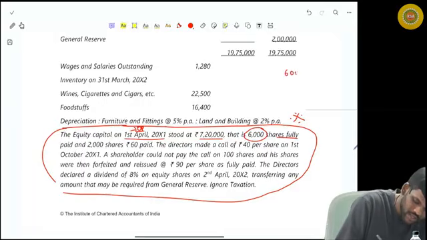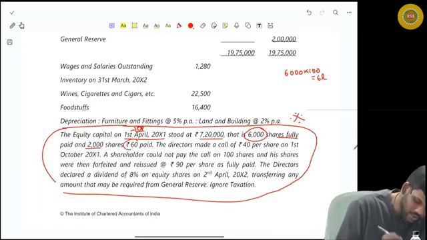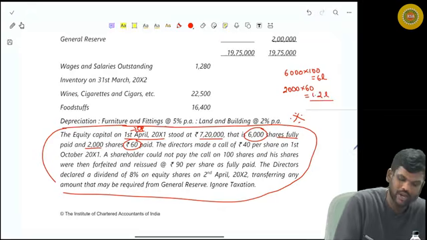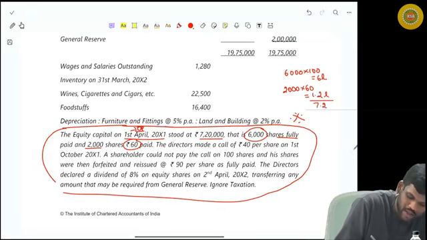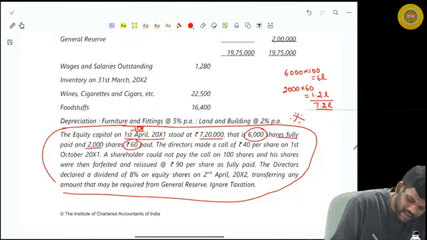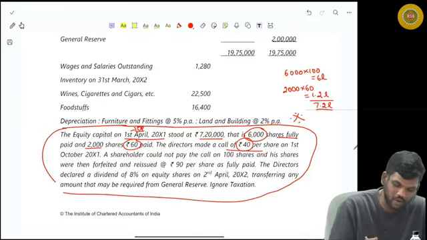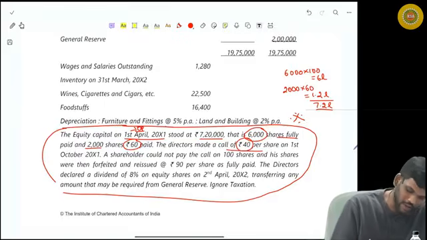So 6,000 shares into 100, 6 lakhs, and 2,000 shares of 60 paid up. 2,000 into 60, 1.2 lakhs. So this 6 plus 1.2, 7.2 is the total equity capital. The directors made a call of 40 rupees because this is partly paid, only 60, remaining 40 they have to call. So now they are calling that 40 rupees on 1st October 20X1.